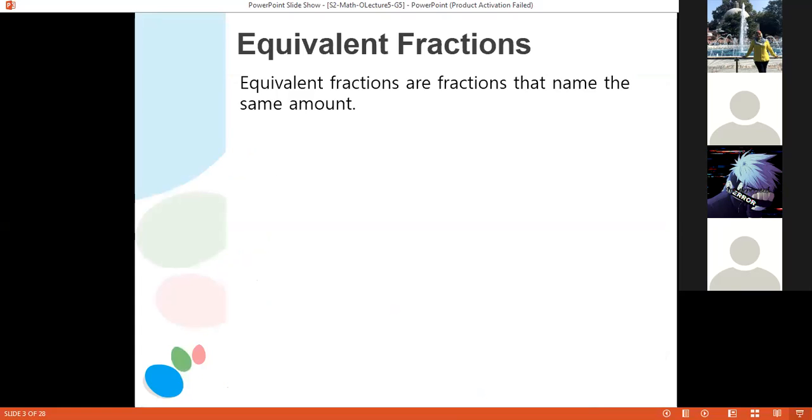Today you are going to learn the difference between equal fractions and equivalent fractions. Actually, equivalent fractions are fractions that name the same amount. So if two fractions show the same amount or quantity, we say that those two fractions are equivalent fractions.